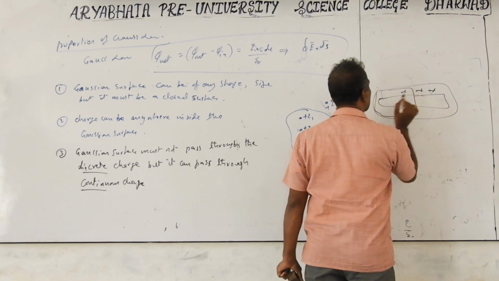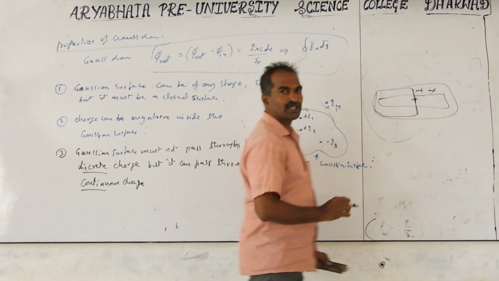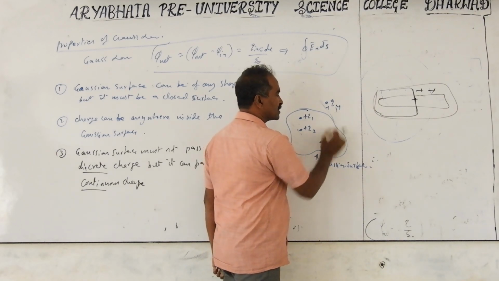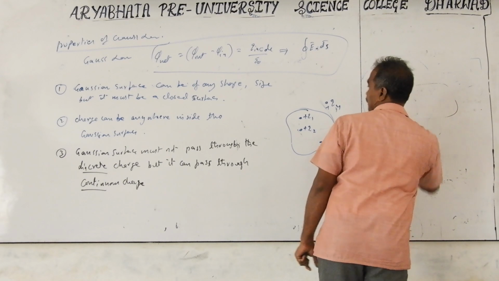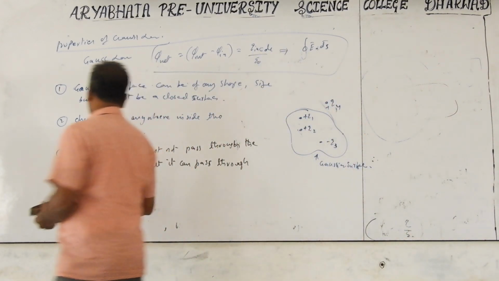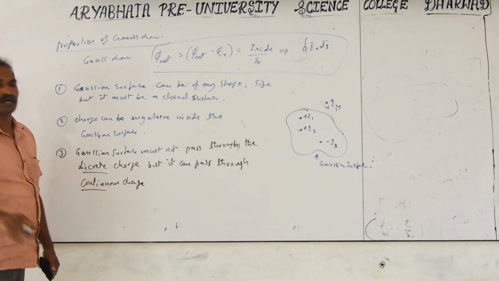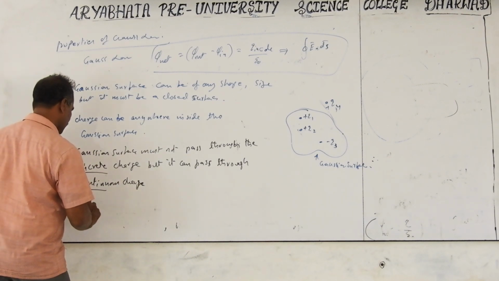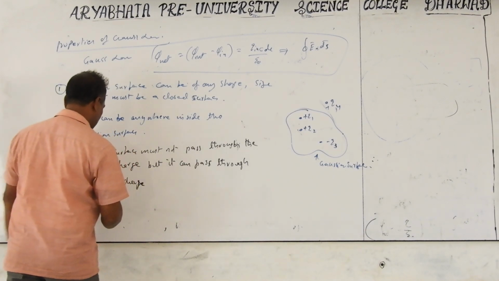But for a discrete charge, the Gaussian surface should not pass through the charge. There should not be any charge on the surface. Why? Because we cannot find the electric field. There is no electric field formula to find it on the charge. We don't know what actually happens.